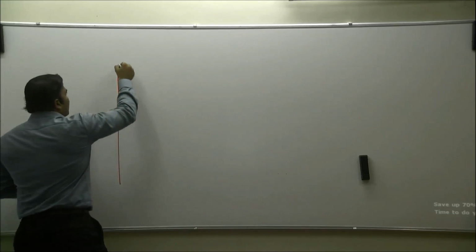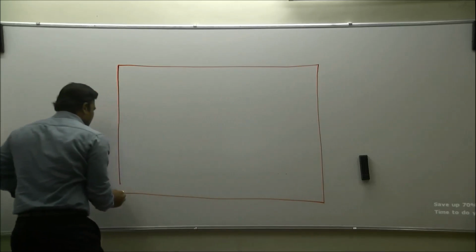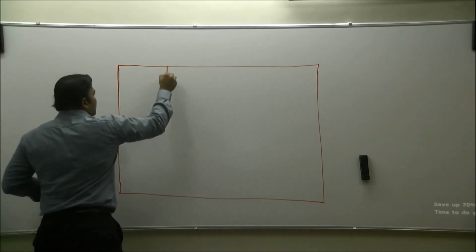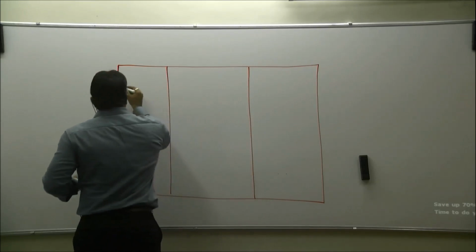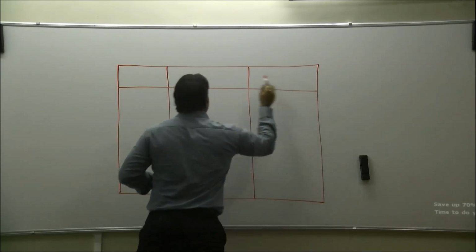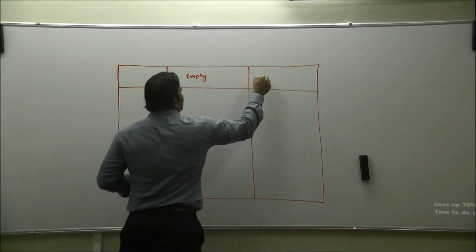Just this one table I am giving. This is the table which is going to tell you the conditions. This is the empty condition. This is the full condition.